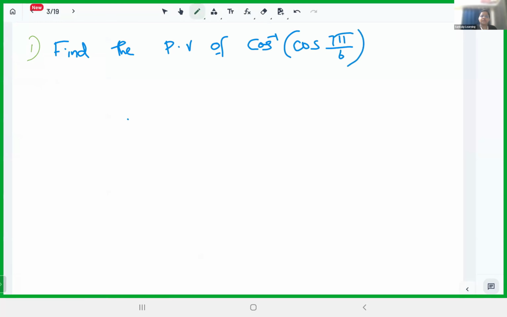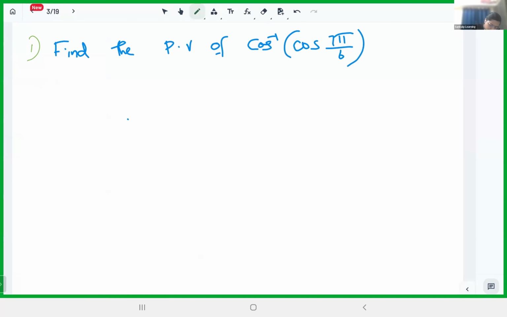So the first question is, find the principal value of cos inverse of cos 7 pi by 6. You have to find out the principal value of cos inverse of cos 7 pi by 6.